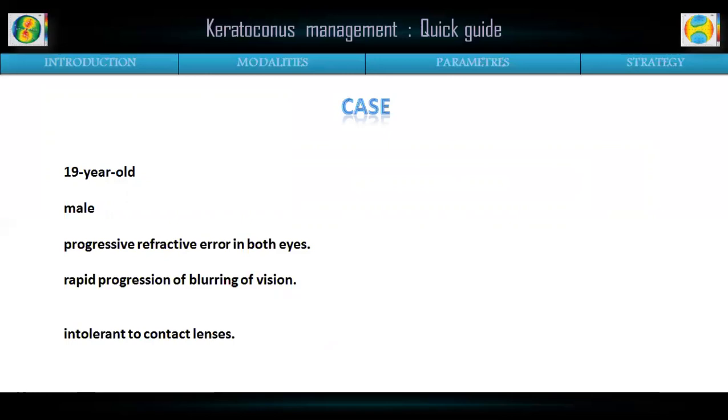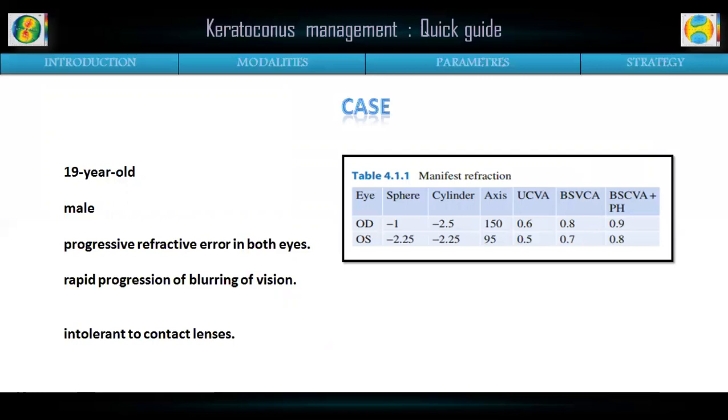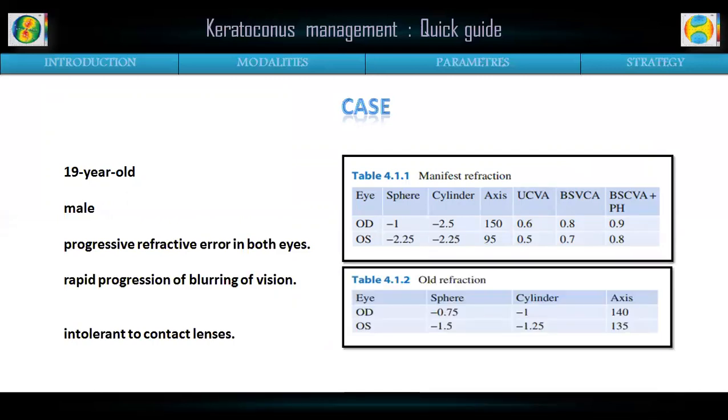It's a 19-year-old male with a progressive refractive error in both eyes. And the patient presents a blurring of vision and he is intolerant to the contact lenses. This is the manifest refraction, and this is the old refraction of the patient.